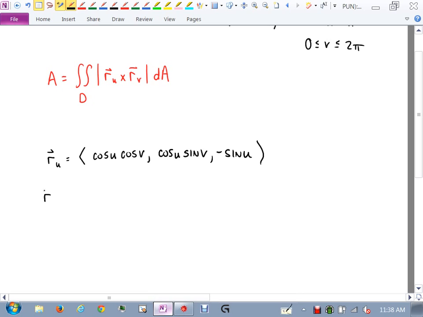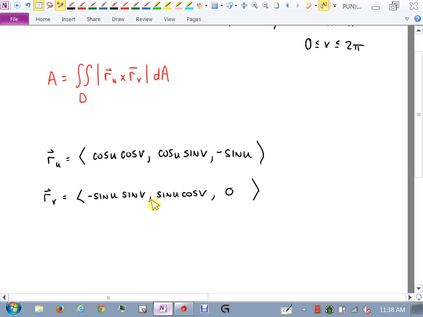And then the partial of r with respect to v was negative sine u sine v, sine u cosine v, 0. Now, I need to cross product those. And notice also I'm not plugging in that point anymore. I'm not trying to figure out what my angle is because I'm not at a specific point. I'm trying to find the surface area of the whole thing. So I have to cross these as is.